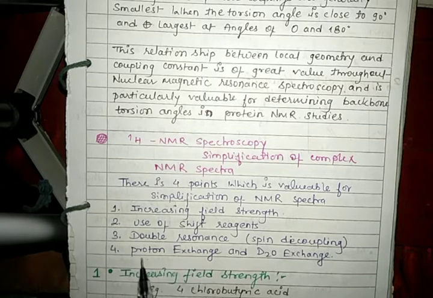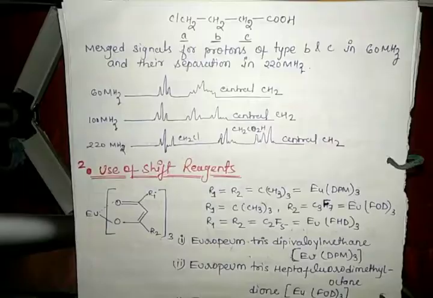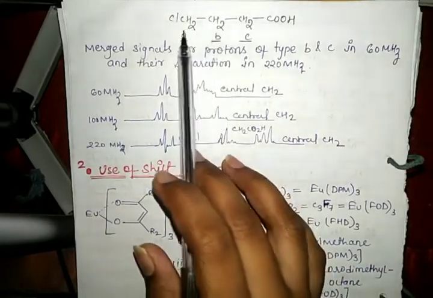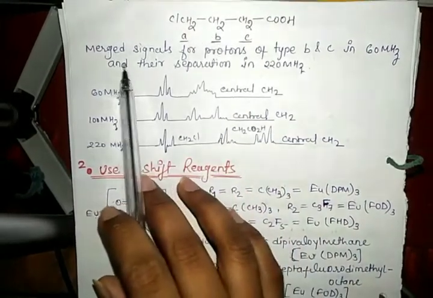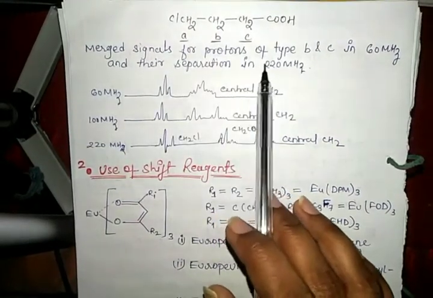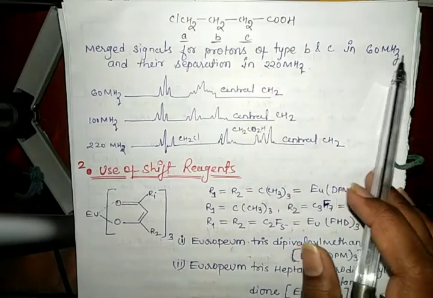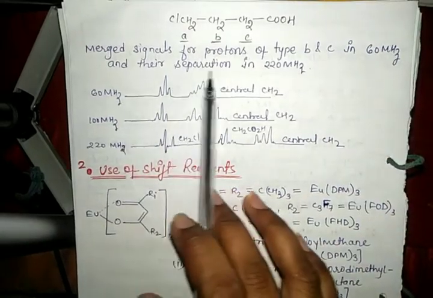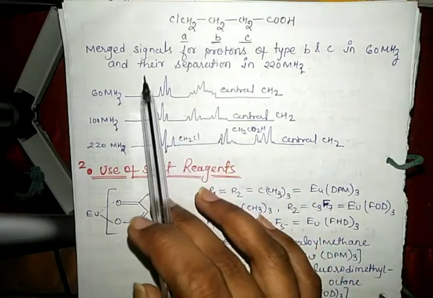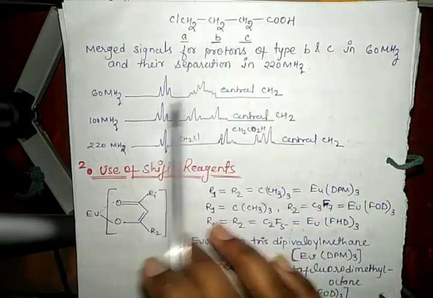First point is increasing field strength. For this, we have an example, 4-chlorobutyric acid. So this is our 4-chlorobutyric acid. Merged signal for protons of type B and C is at 60 megahertz and their separation is at 220 megahertz. So there are given different signals of different hydrogen atoms.